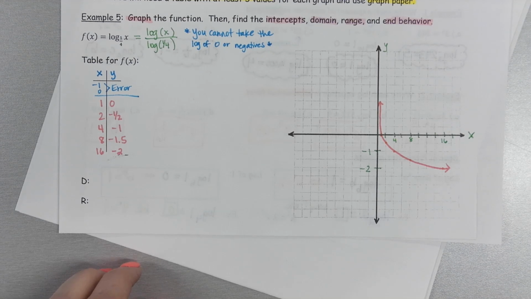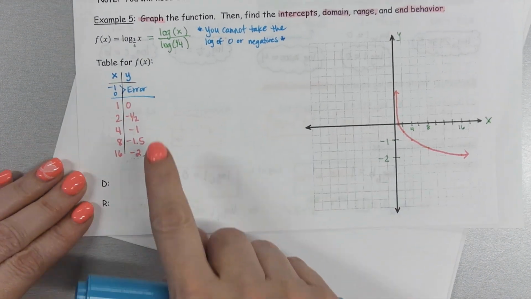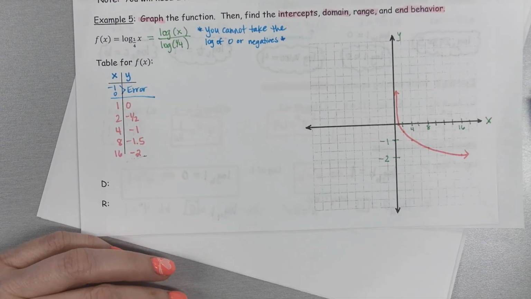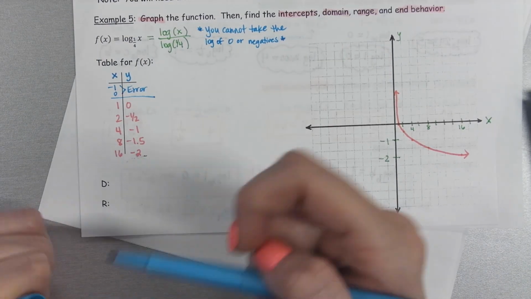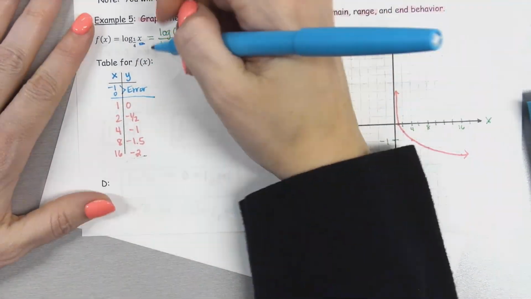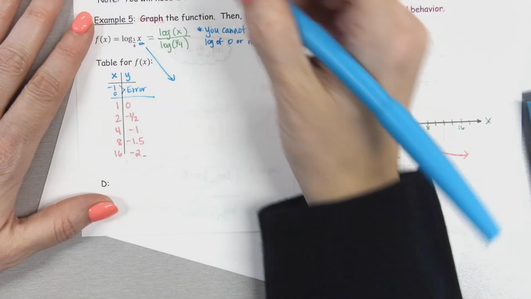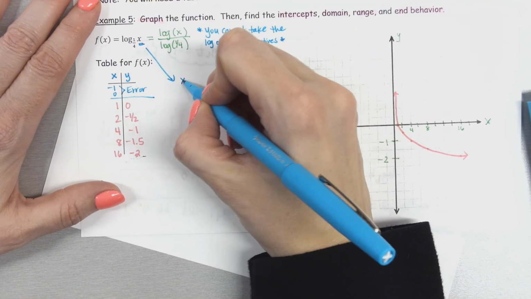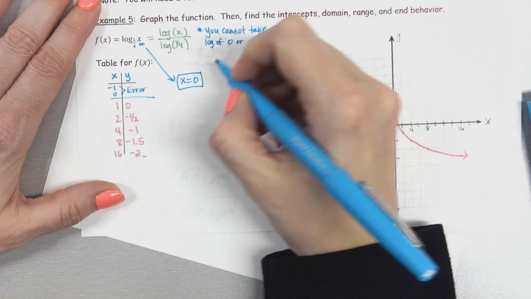Okay, and then we are also going to put our asymptote on there. The asymptote can be found by looking at this value, whatever the log is of. So if you had log base 1/4 of x, your x value is 0.